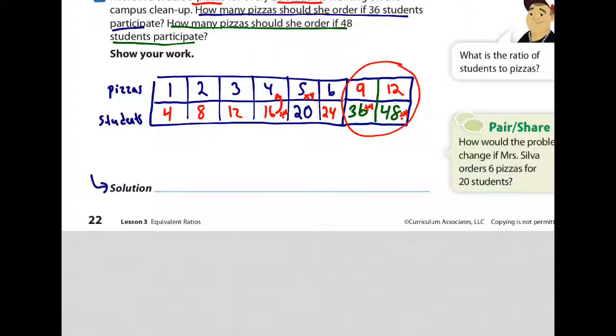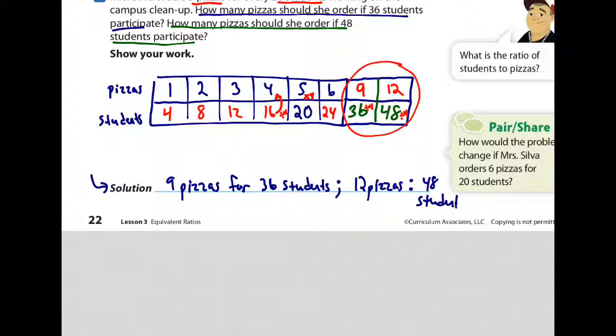So I'm going to write 9 pizzas for 36 students. Put a semicolon and 12 pizzas. I'm going to make it like a ratio for 48 students. Now, if you had that one correct, give yourself a big fat C.